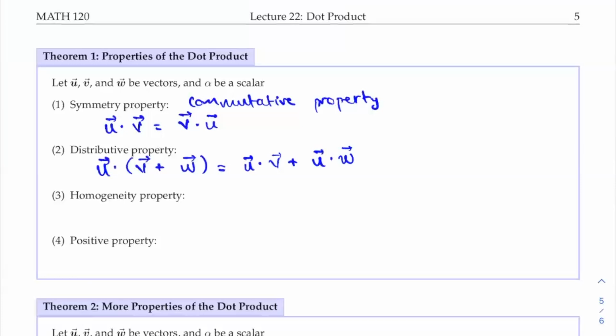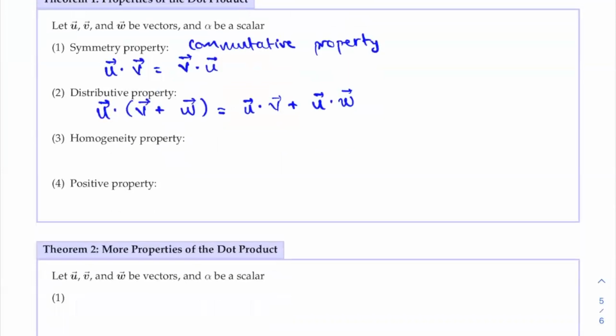Now, the next one is called the homogeneity property, which is just a scalar of the dot product. If you have a scalar alpha and you multiply with the dot product u dot v, it's equivalent to doing the scale on u first and then dot with v, or doing the scale on v first and then dot with u. It doesn't matter which one you do, the result has to be the same.